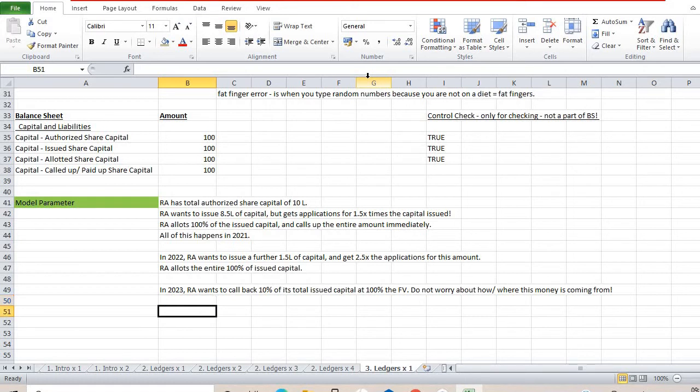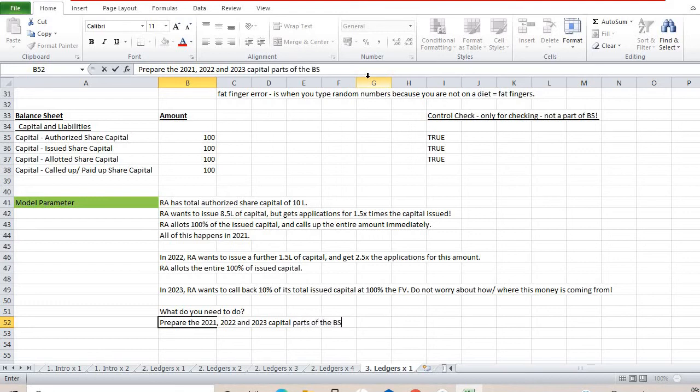Now what do you need to do? What do you need to do? Prepare the 2021, 2022 and 2023 capital parts of the balance sheet with adequate control checks. Make sure these checks are tested out.